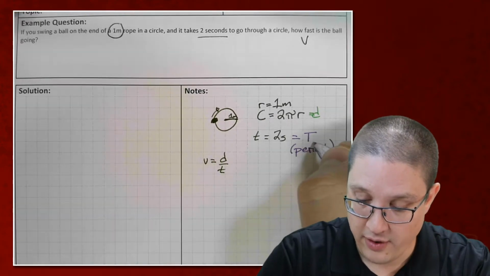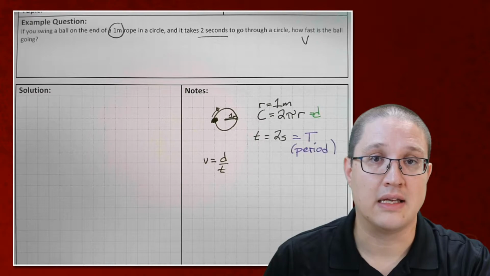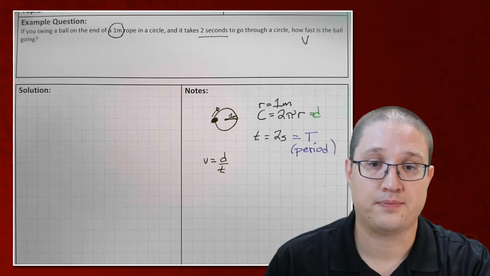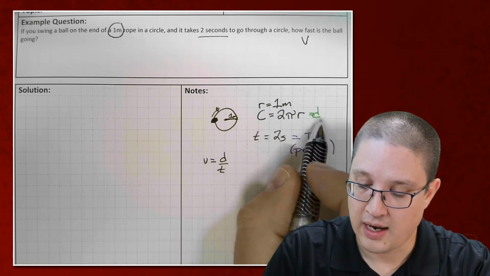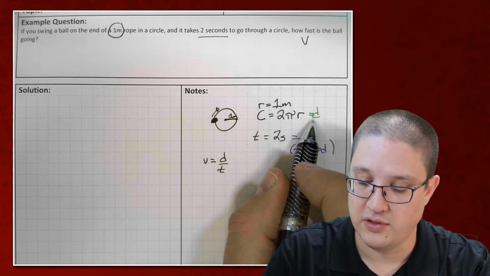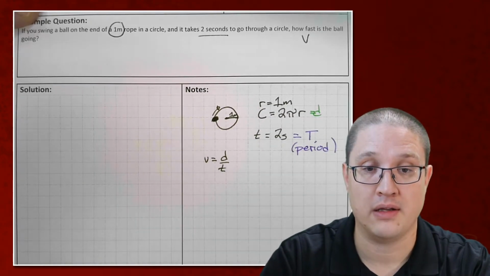So the period of motion is how long it takes to repeat that pattern. So in this case, I have a period and I have a distance that it travels here. So I could figure out my velocity by combining those.